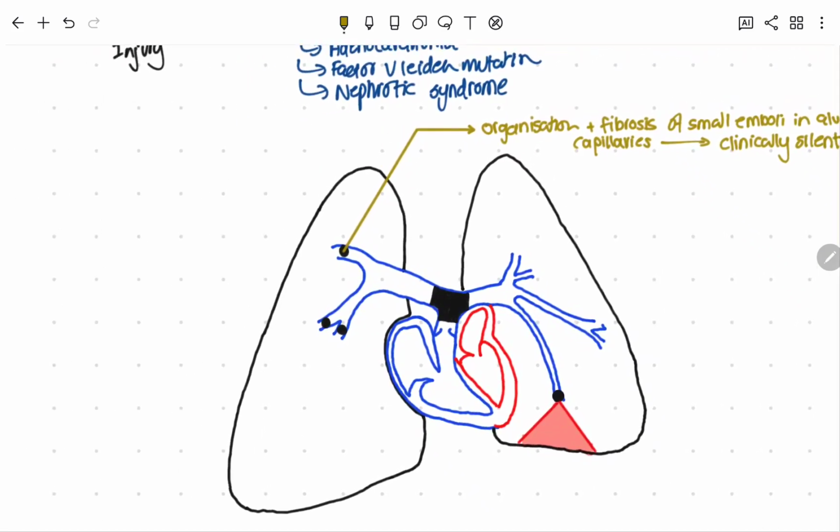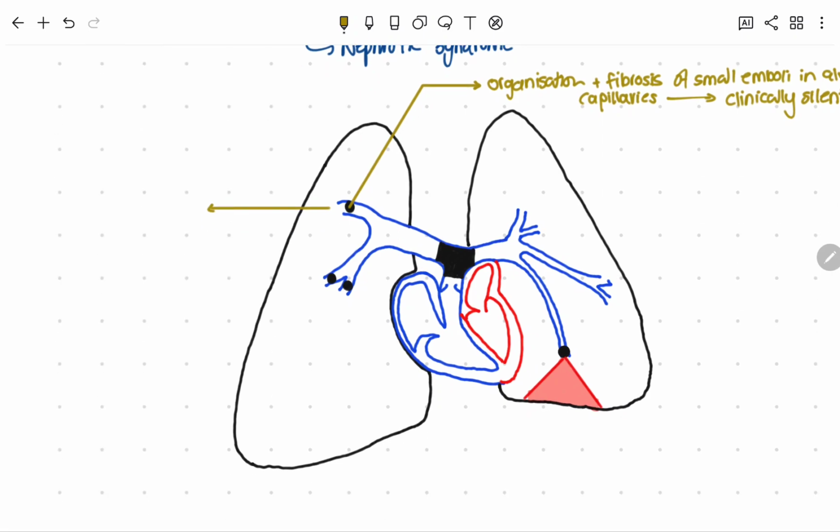Right? Now, as far as pathophysiology is concerned, we discussed a bit about it just previously, but if you have small multiple emboli, you'd imagine that there will be some form of VQ mismatch, simply because you cannot perfuse the pulmonary capillaries distal to this obstruction.